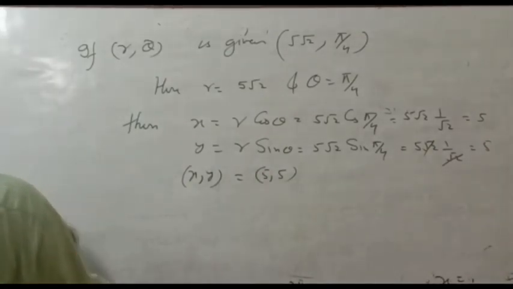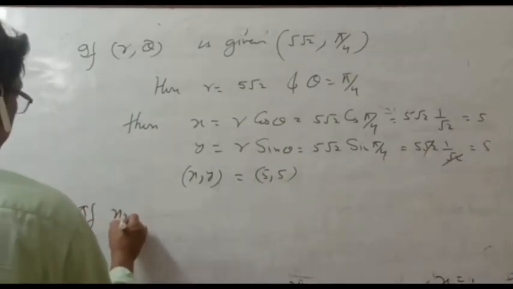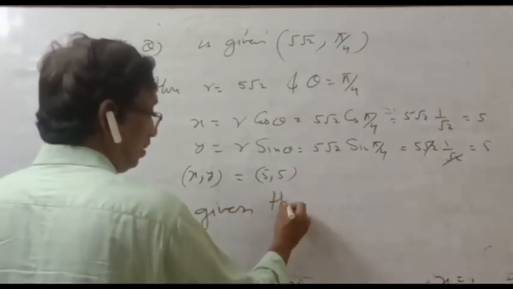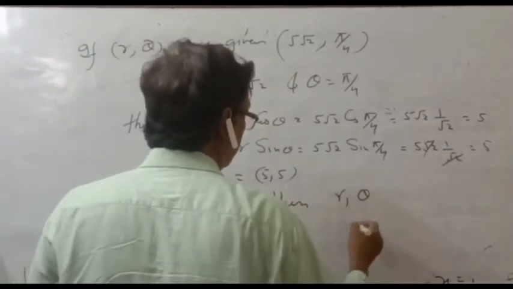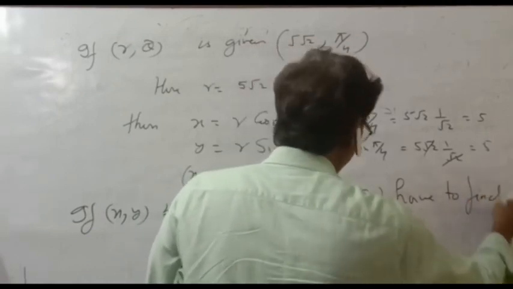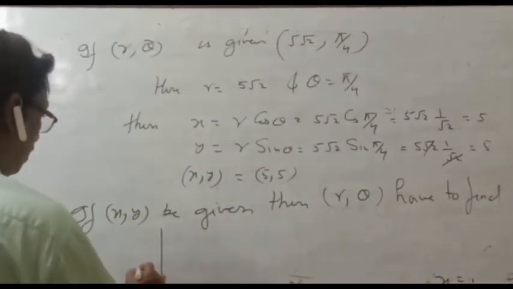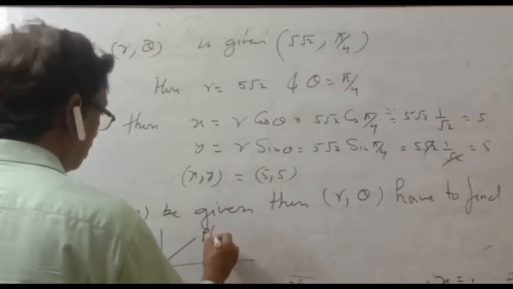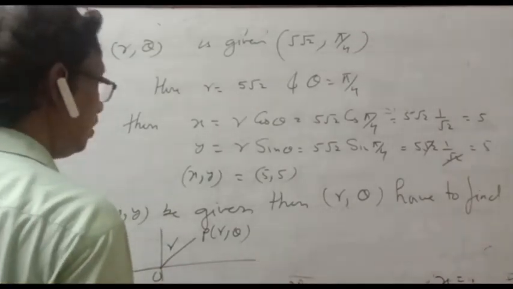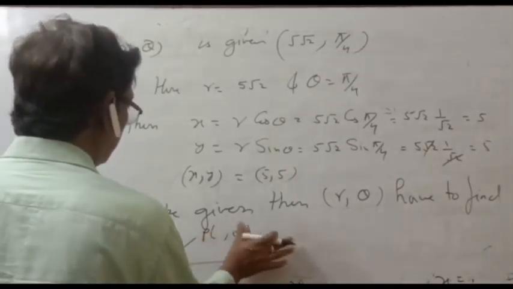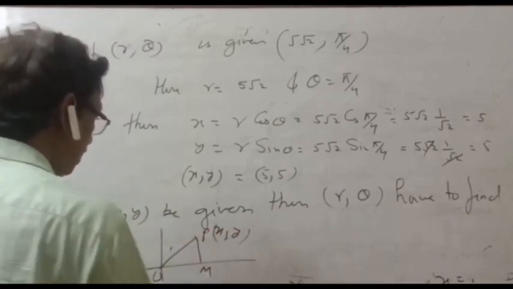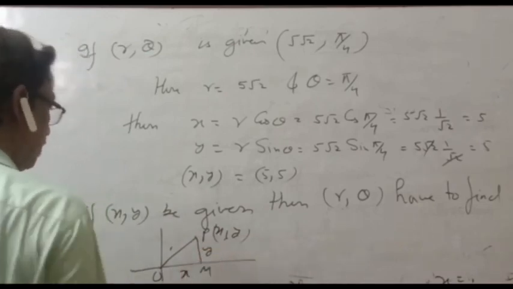In the second case, if x, y be given, then r, theta have to be found. In the figure, OP is equal to r. P is (x, y), draw perpendicular PM, that is x, that is y.